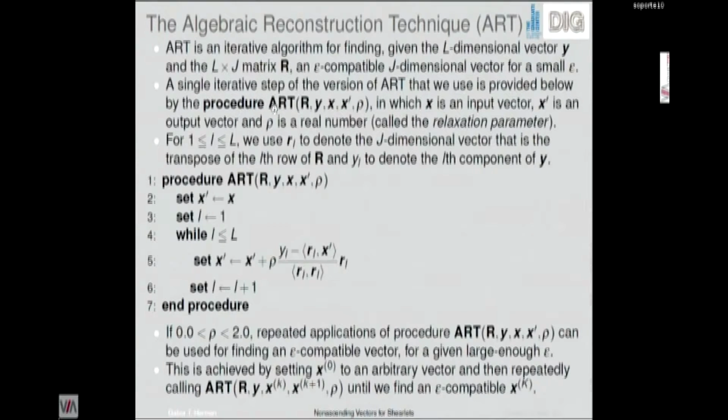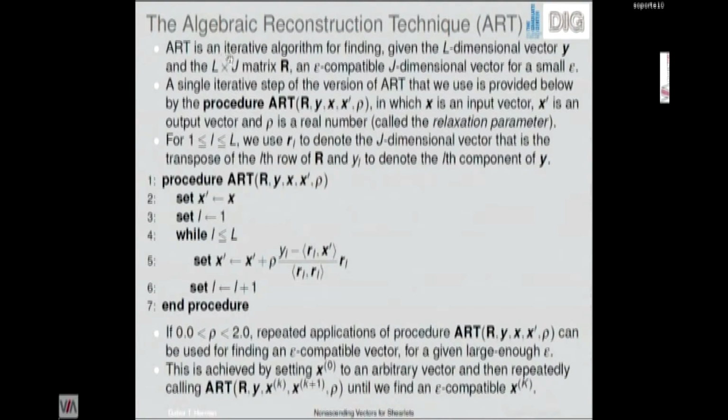And in each iteration, we have an input vector, which is my current image, and an output vector, which is my image after the iterative step. And within the iterative step, we go through all the measurements one by one.